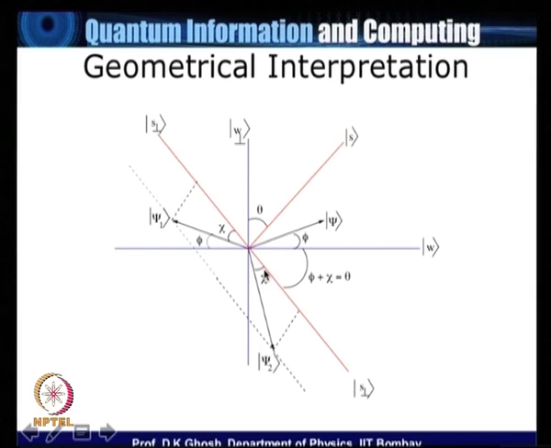Now look at the geometry here. This angle between this line and that line must be equal to phi plus chi. This should be read as theta, both of them, like 0 in the picture. The slide says theta. And so this is what happens.